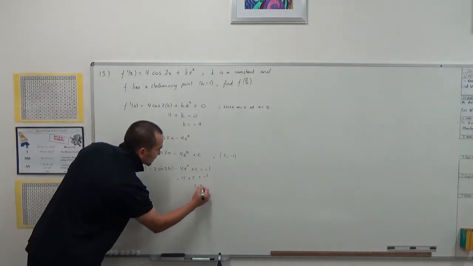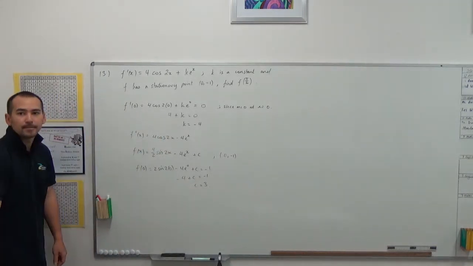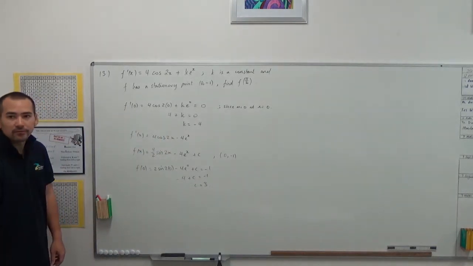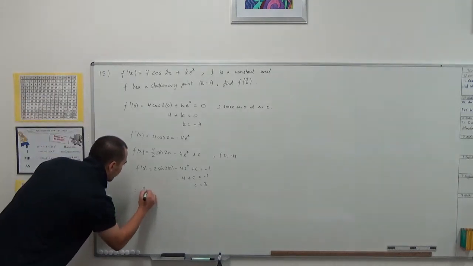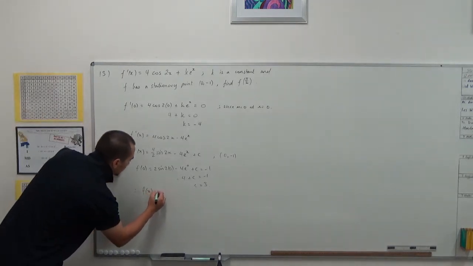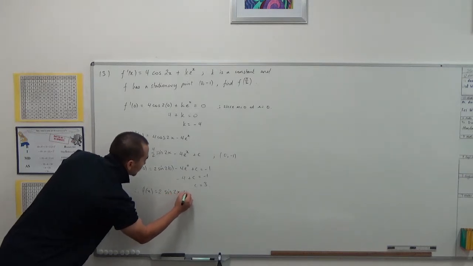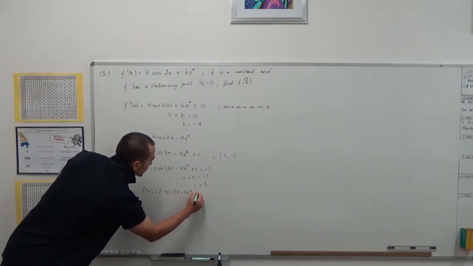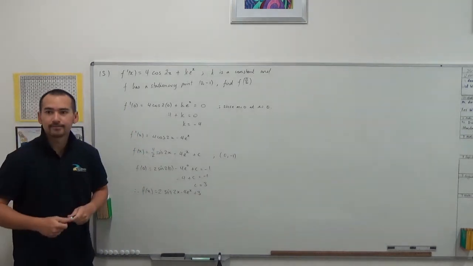That means c is equal to 3. And so we've solved everything we need to solve. Therefore, f of x, the original function, is equal to 2 sine 2x minus 4e to the x plus 3.